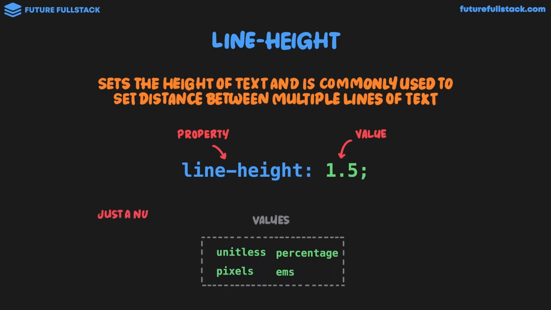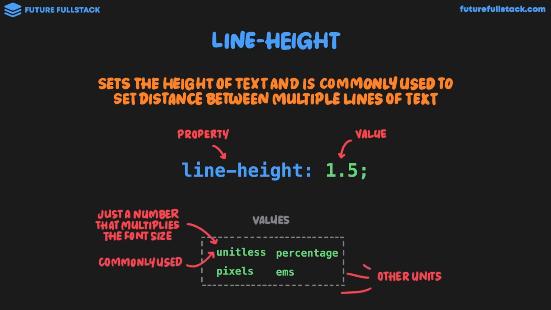Unitless is just a number that multiplies the font size and is commonly used for line height. There are other units that you can use, but we will explore these in more detail later on, as units is a topic in itself. Don't worry about these for now, it isn't common to use them for line height anyway.